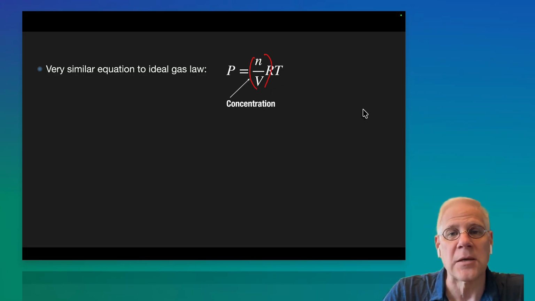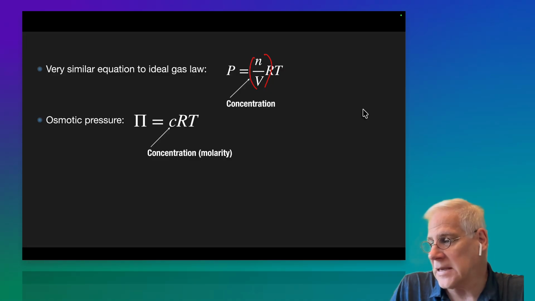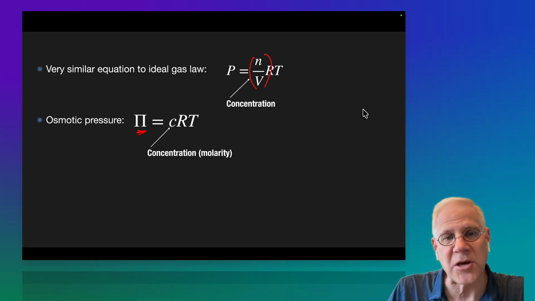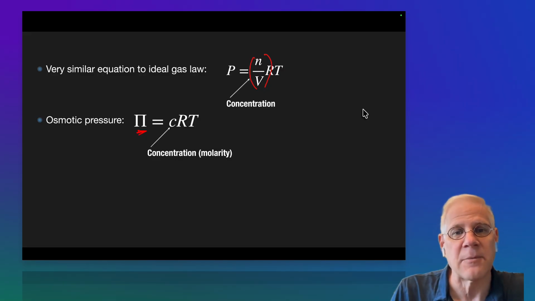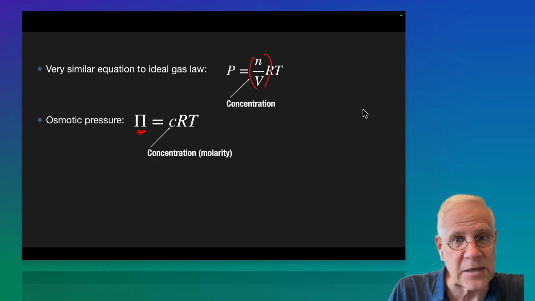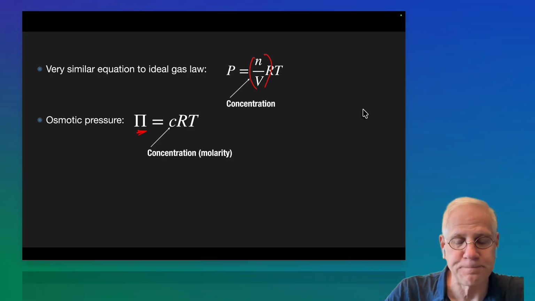And so we can put something very similar for osmotic pressure. Rather than P, we have pi. Osmotic pressure is equal to C, concentration in molarity, of the solution that is inside that semi-permeable membrane, times RT.